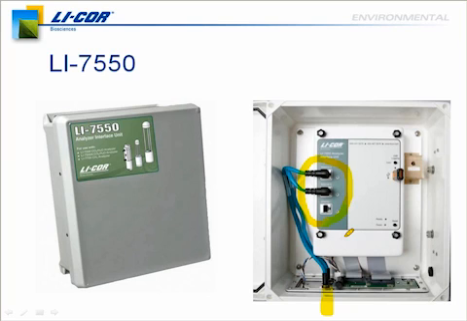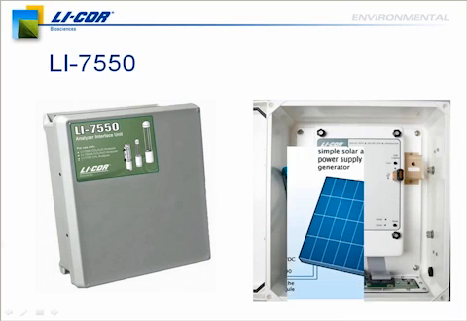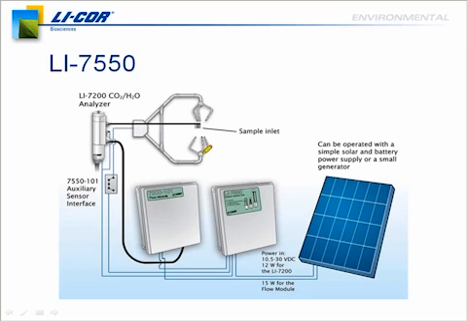Something else that's significant about the 7550 now is that it's got additional analog inputs, and we designed it so that you can now integrate your sonic anemometer directly with the gas analyzer.